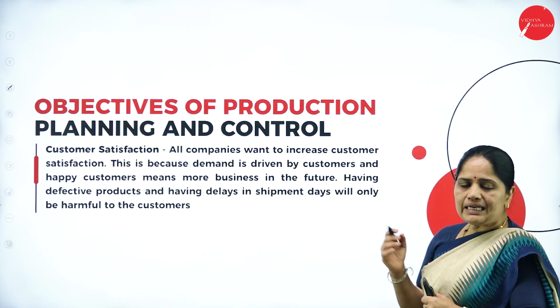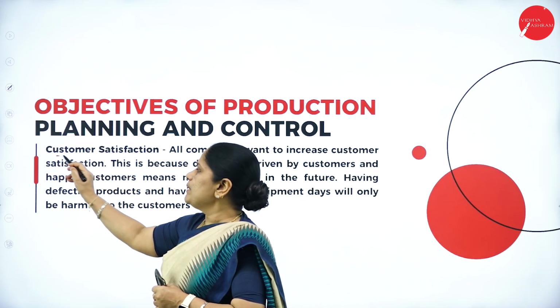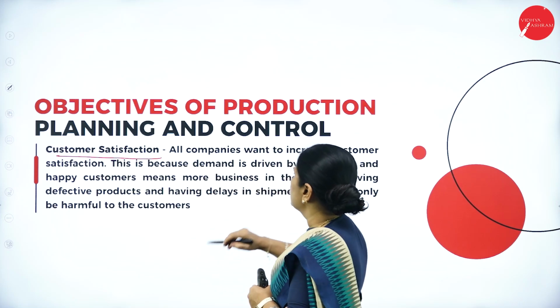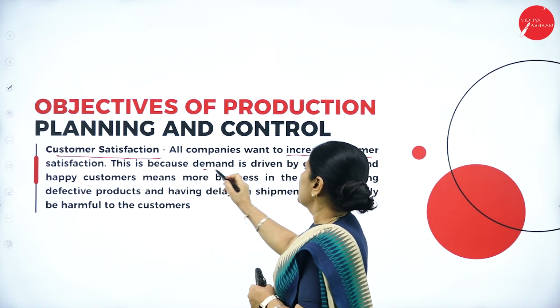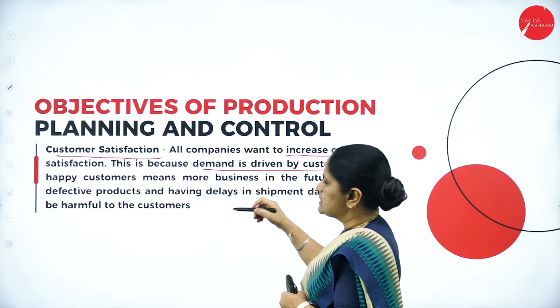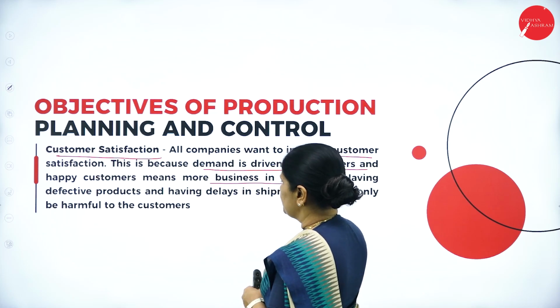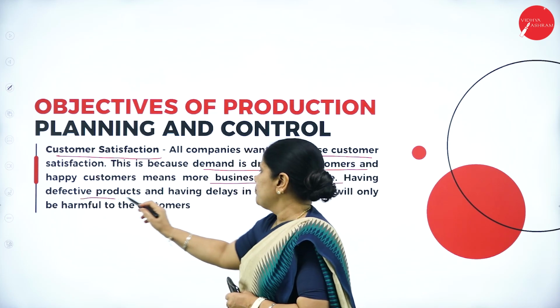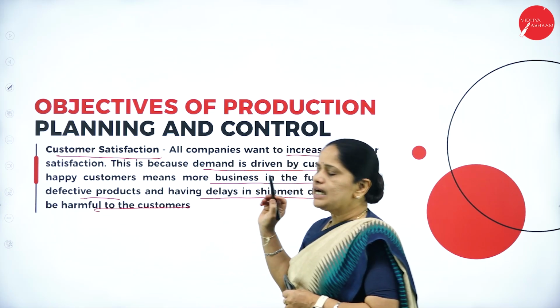Then the final objective of production planning and control is the ultimate customer satisfaction. All companies want to increase customer satisfaction because demand is driven by the customers, and happy customers mean more business in the future. So having defective products and having delays will only be harmful to the customers.